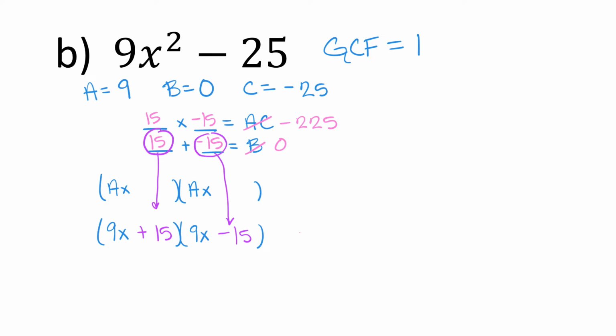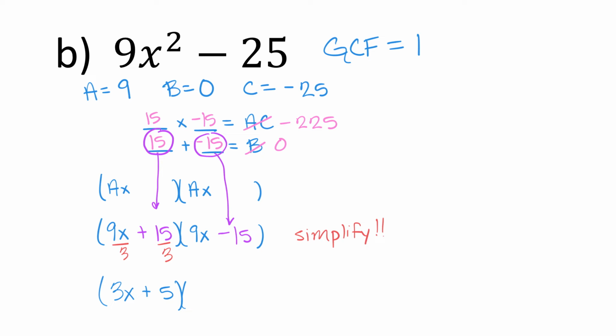But don't forget, we need to simplify, just like how we simplify fractions. So we look at the 9 and the 15. The number that we can divide 9 and 15 by is 3. And so 9x divided by 3 is 3x, and positive 15 divided by 3 is positive 5.